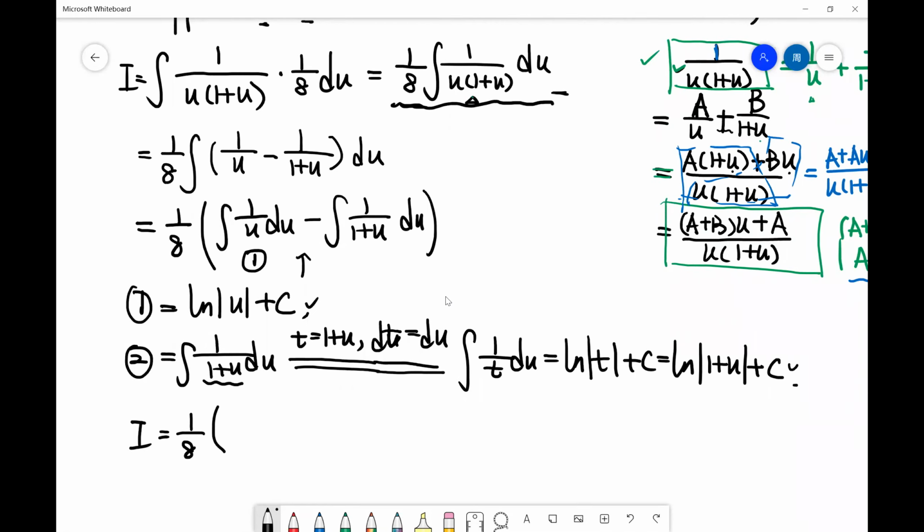And then times the first, which is ln absolute value of u, right? And minus ln absolute value of 1 plus u here, right? And plus c.